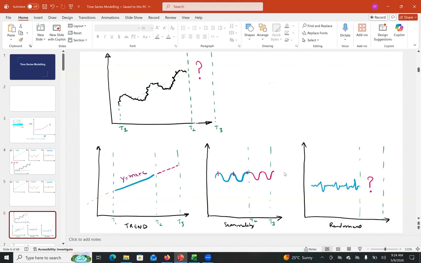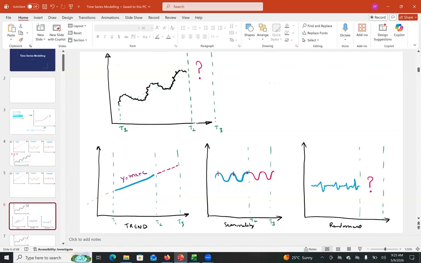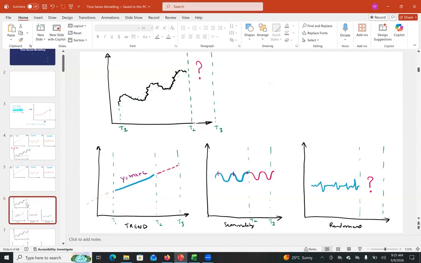And what about the randomness component? Can we predict what is going to be the value next? No, right? Because randomness cannot be predicted. That's why the name randomness. We don't know whether the next value is going to be a positive value or a negative value, a big value or a small value. We don't know, so we cannot predict that.